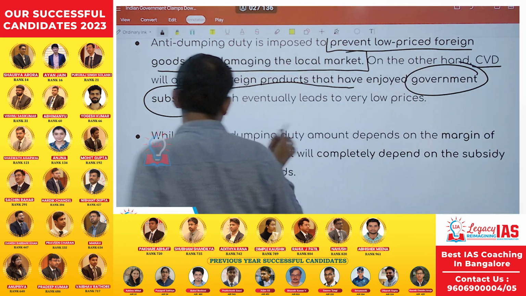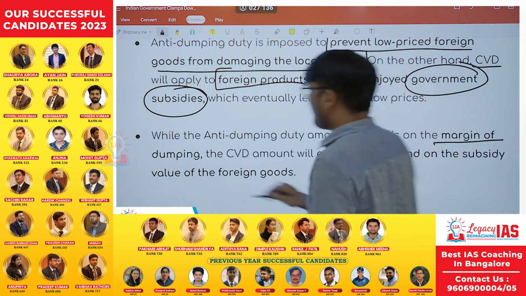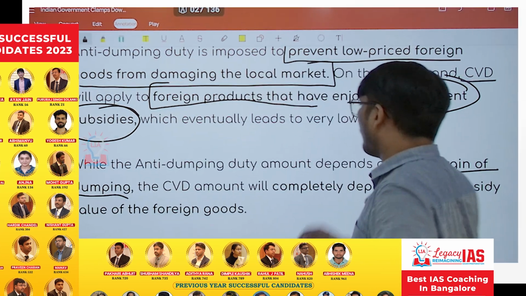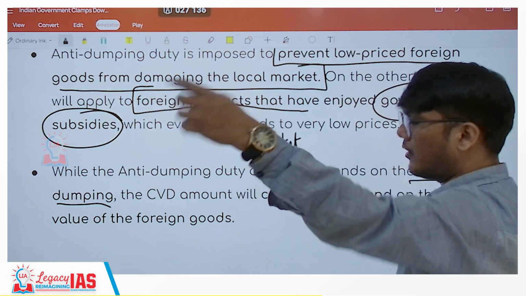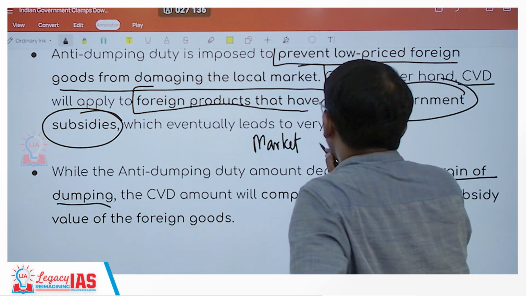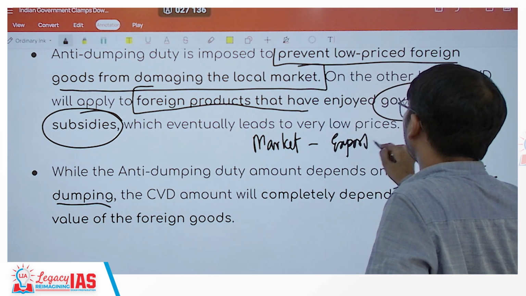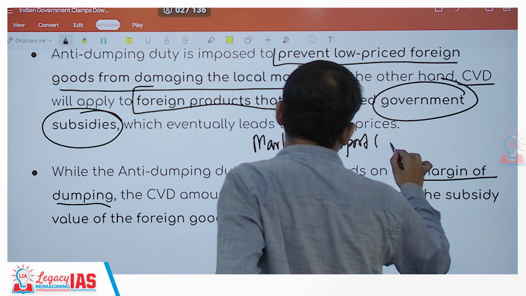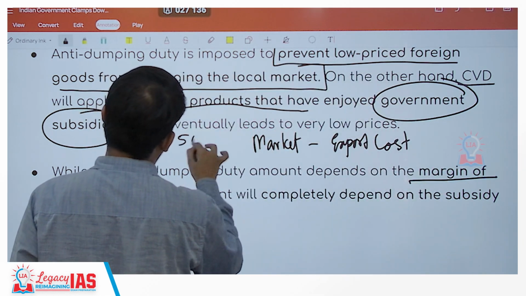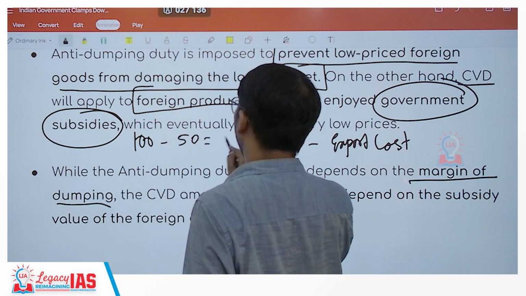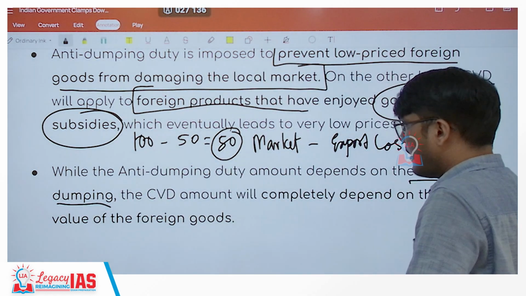Now, the amount of anti-dumping duty will depend upon the margin of dumping. So what was the actual market cost in the home country minus the export cost? So if the market cost was, let's say, 100, and in India they want to sell it at 50, then 100 minus 50 is 50, so 50 rupees worth of anti-dumping duty would be imposed.